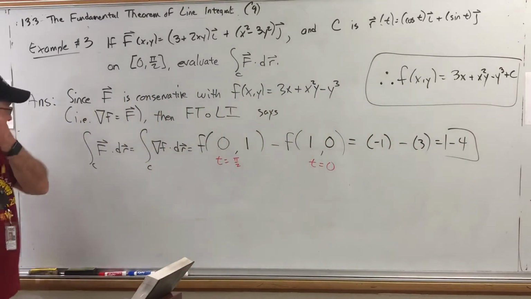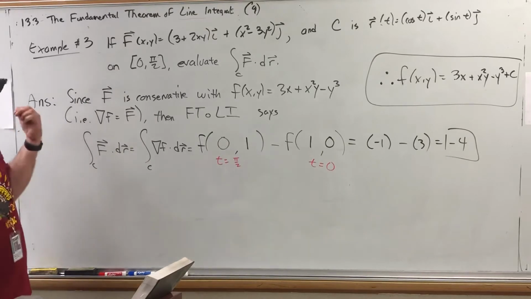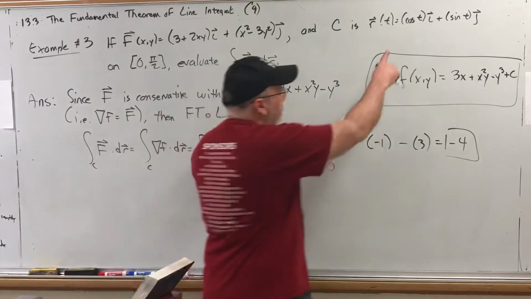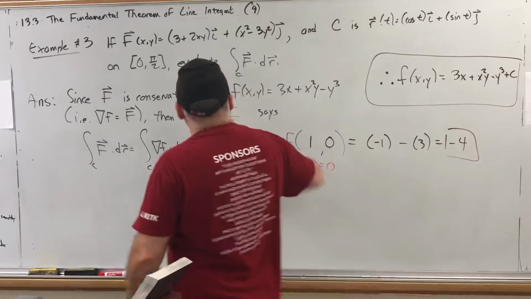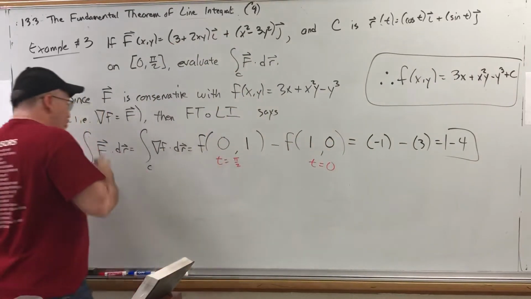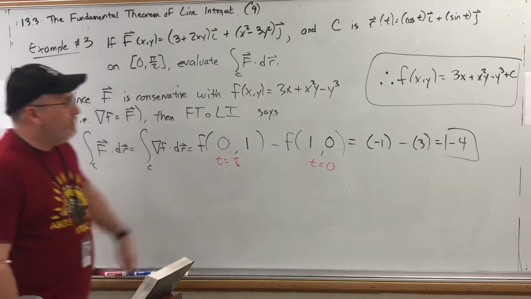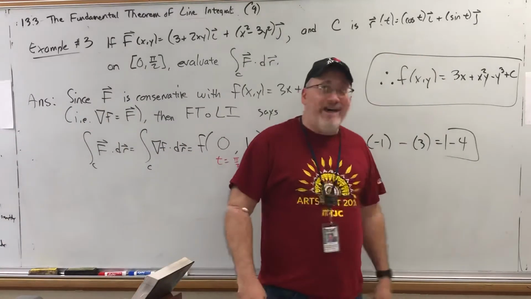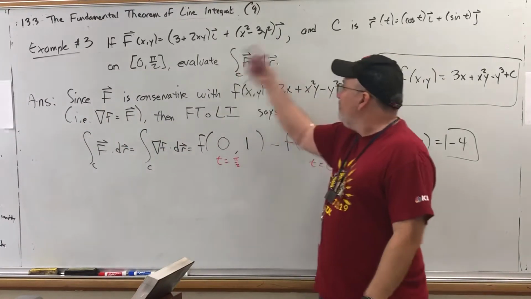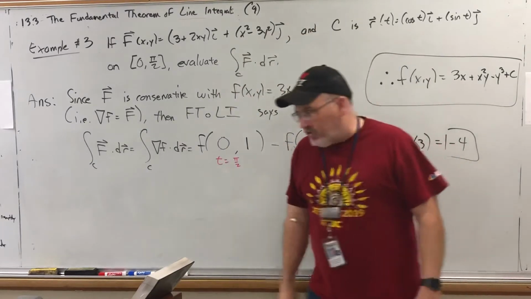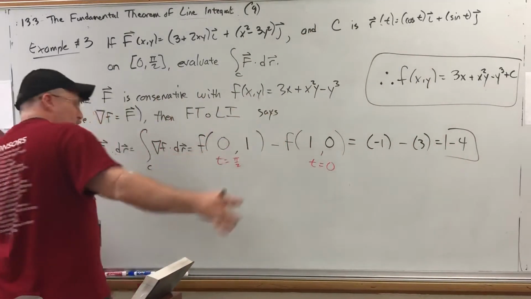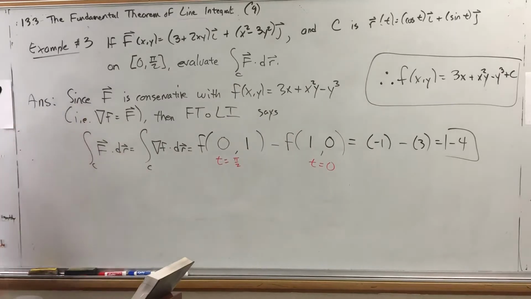Again, we could have substituted cosine of t and sine of t in for every x and y, cram that in here, dotted it with dr, so we would have to take the derivative of this and find the dot product of this with cosine and sine substituted in the right places, have a whole mess of trig functions waiting to be integrated, and eventually gotten the same answer.